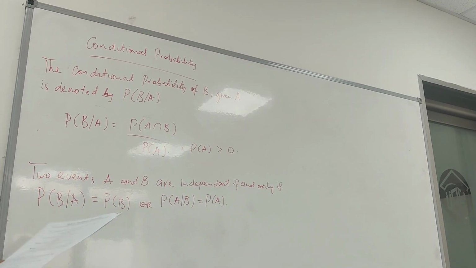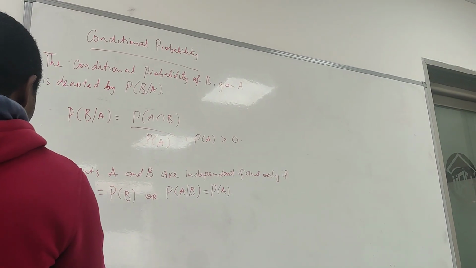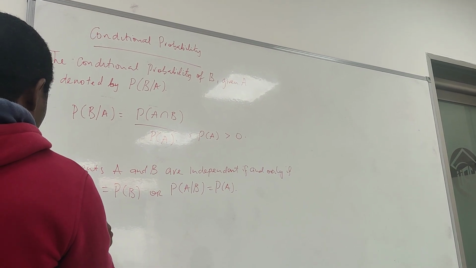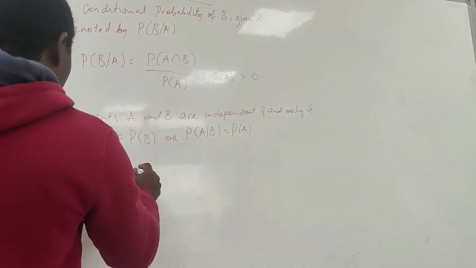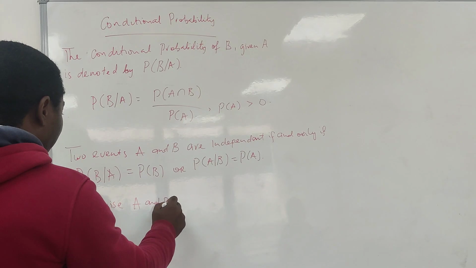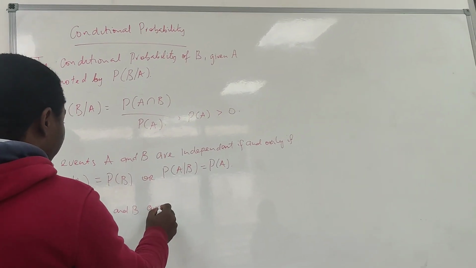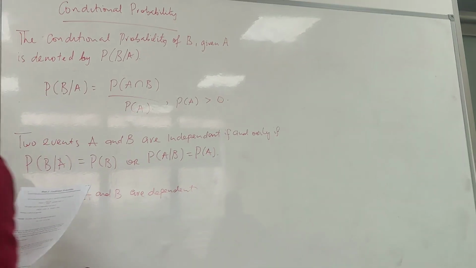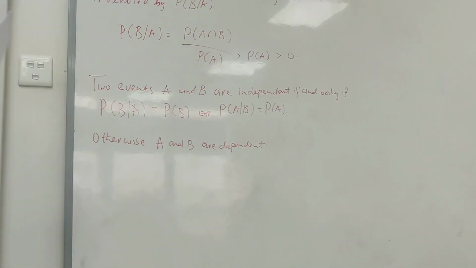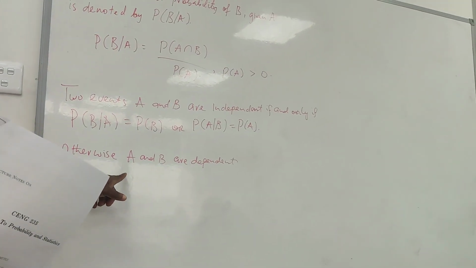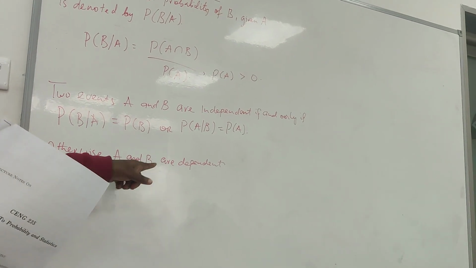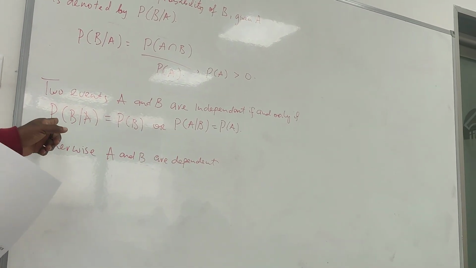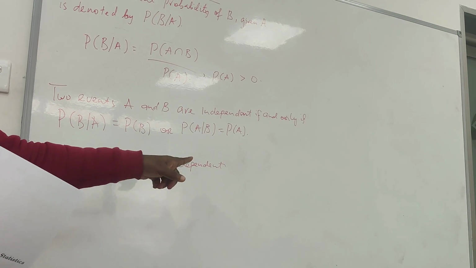So I'm going to write: otherwise, A and B are dependent. That is, events A and B are dependent if this condition does not hold.